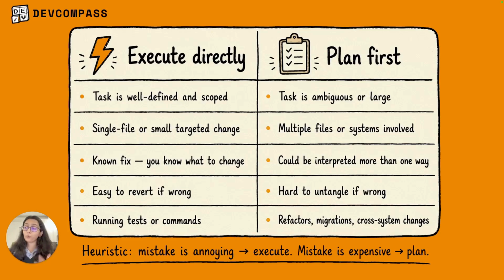These tasks don't benefit from a planning step. They benefit from getting done. Plan first if it is an ambiguous or large task, multiple files or systems involved, could be interpreted more than one way, hard to untangle if wrong, refactors, migrations, cross-system changes, etc.